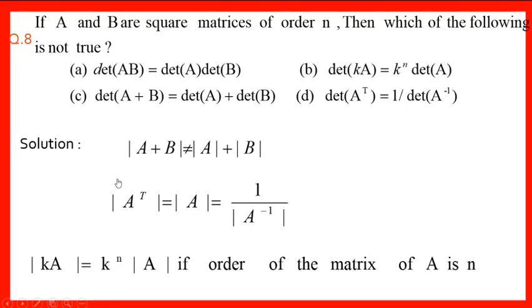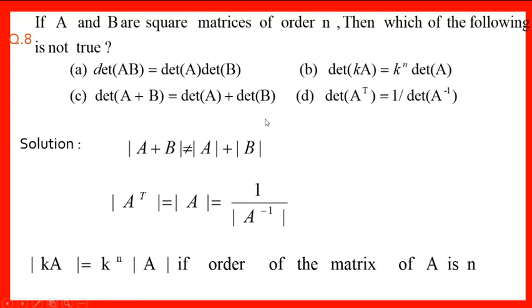So that's why the determinant of A transpose as well as the determinant of A is always the same. And determinant of A inverse can be written as 1 upon determinant of A. So that's why the fourth option is also correct. This is true by property of determinant.